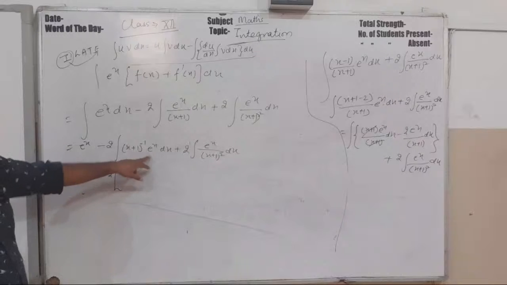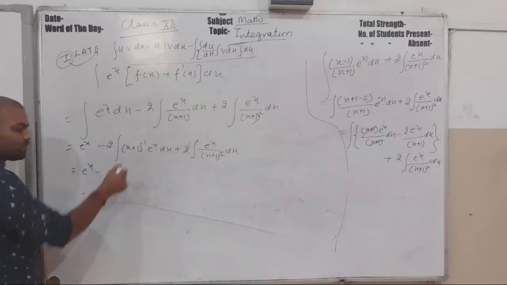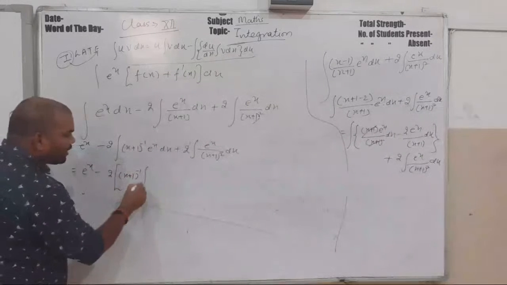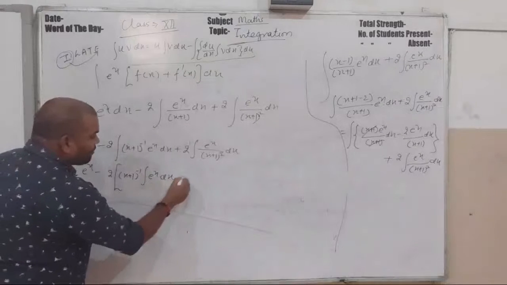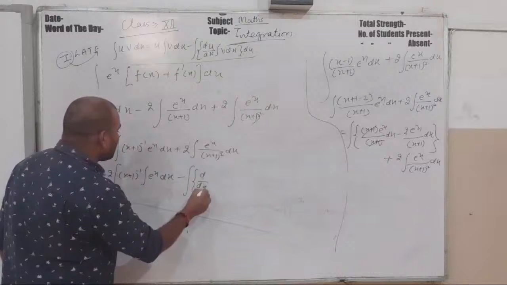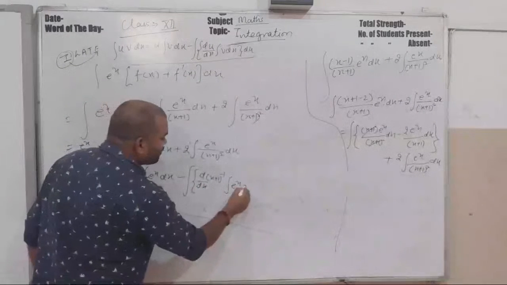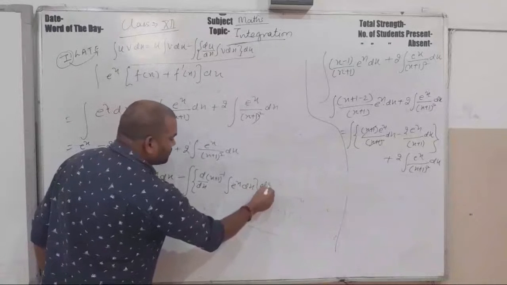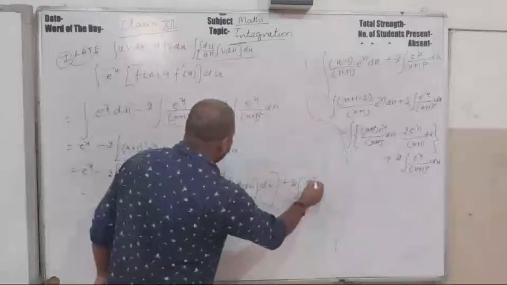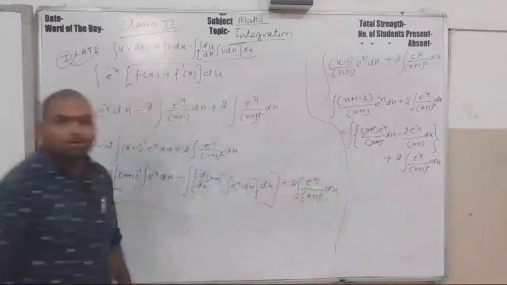Now we will integrate this part. So this is the algebraic part. This will be taken first, into the integral of the second part, minus the whole integral of d by dx of first into the integral of e to the power x dx, and plus 2 times the integral of e to the power x upon square of x plus 1 dx.